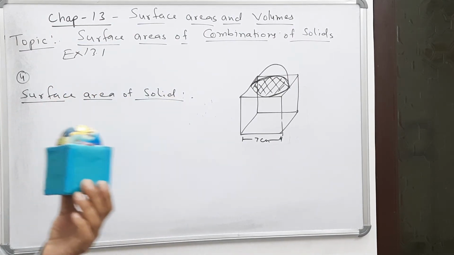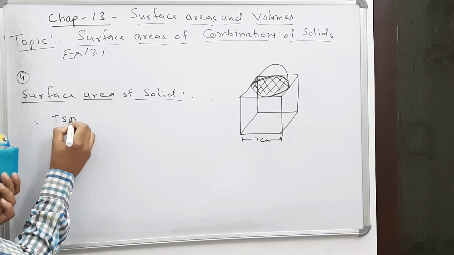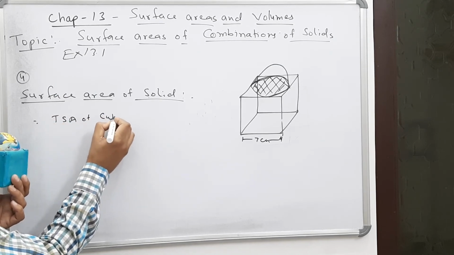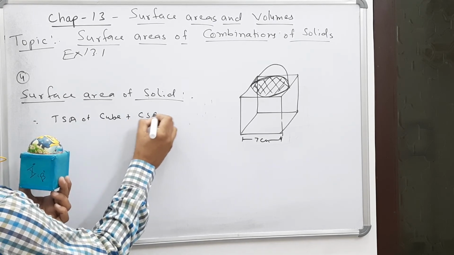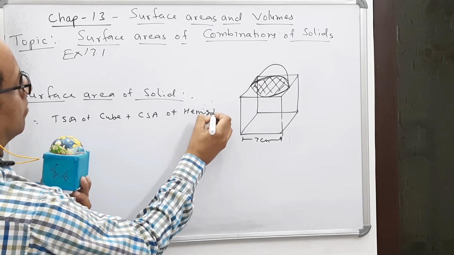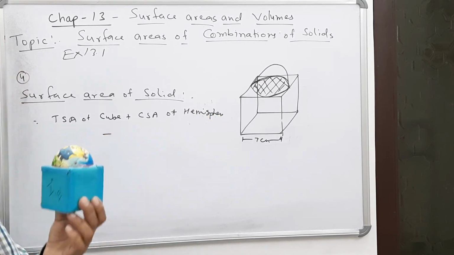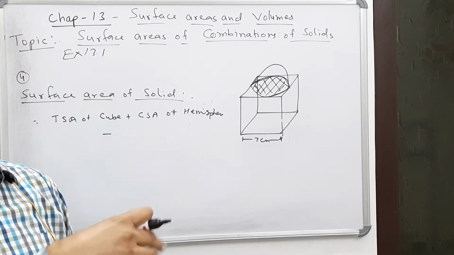So the surface area of the solid is, first, the total surface area of the cube plus the curved surface area of the hemisphere, minus, because some part of the cube is covered. You see, this part is covered by this.